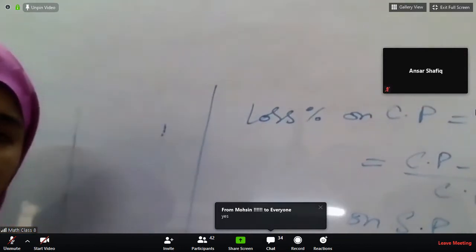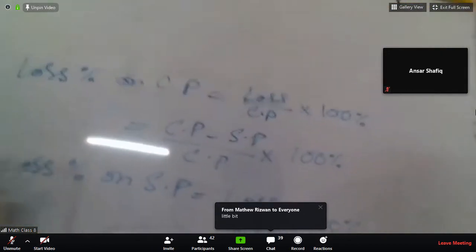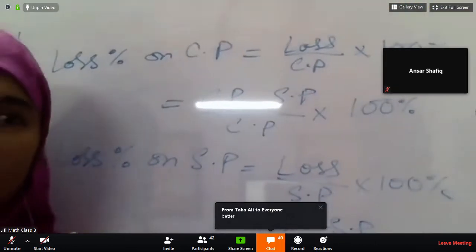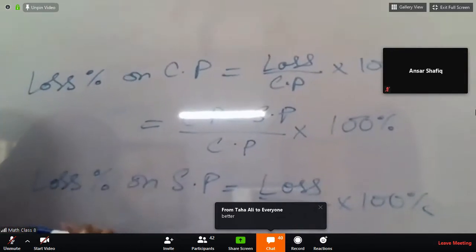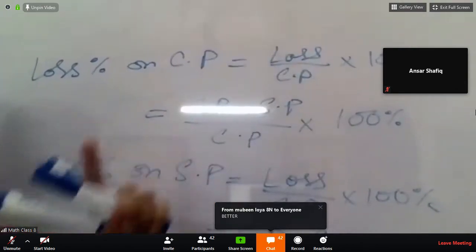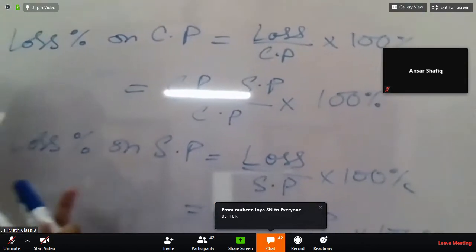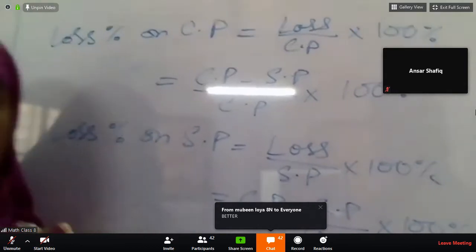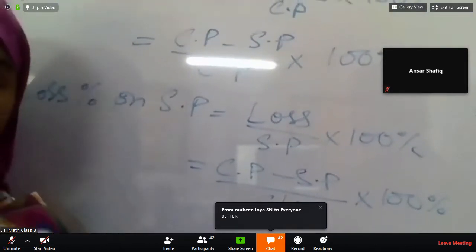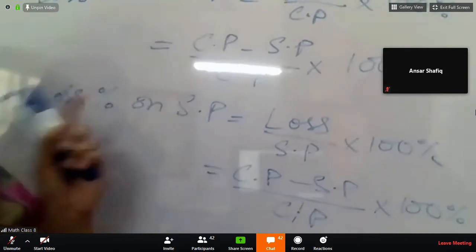Okay, now again, profit percent. There are two ways to calculate profit percent or loss percent. One is the formula method. Loss percent on cost price equals loss upon cost price multiplied by 100%. And as Sir Ali told you yesterday, in case of loss, cost price is more than the selling price.